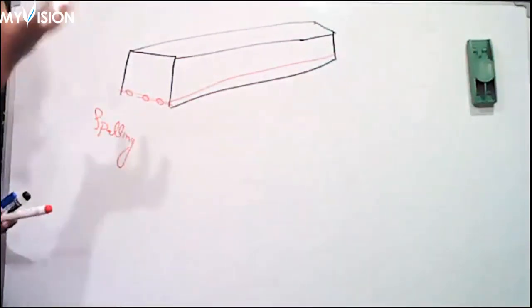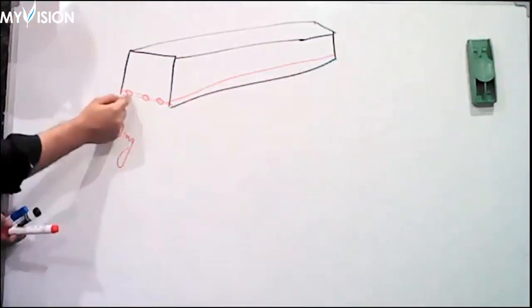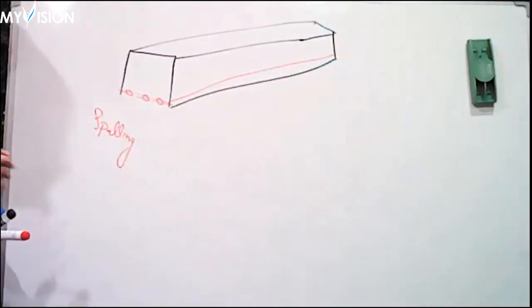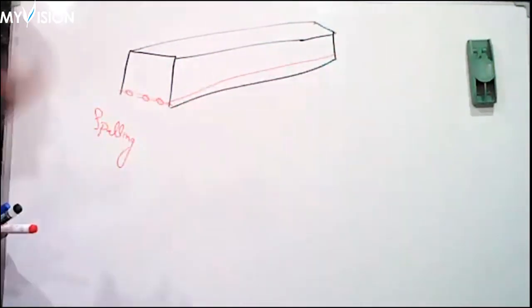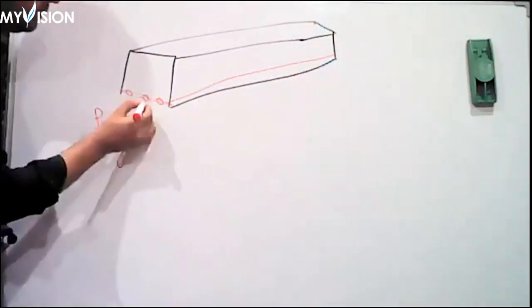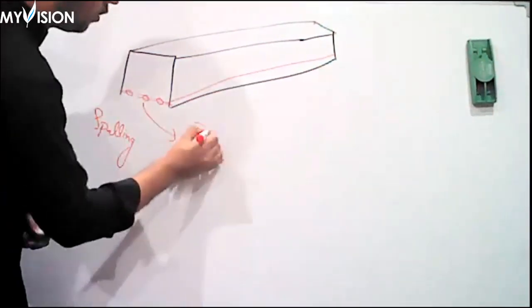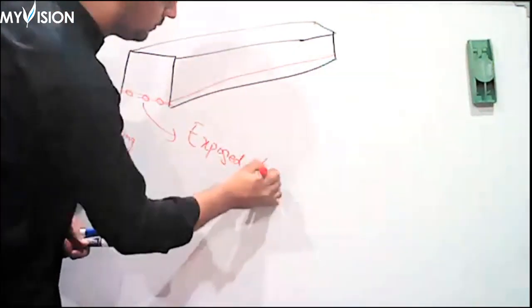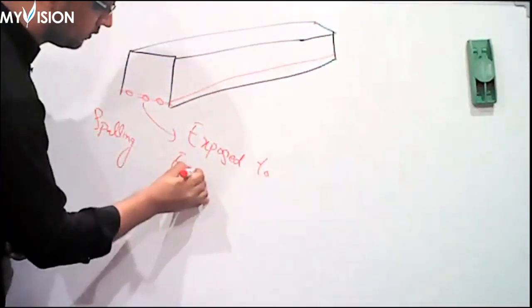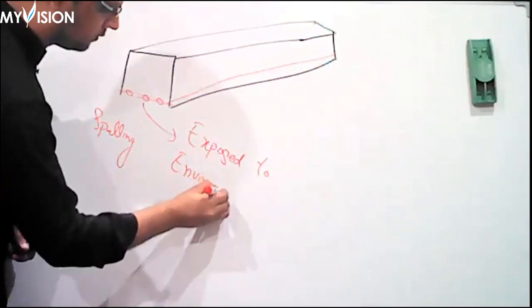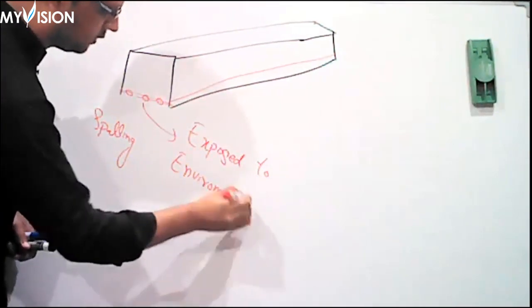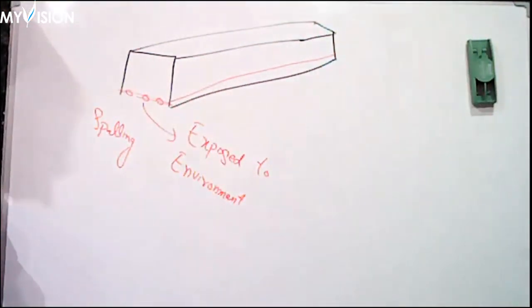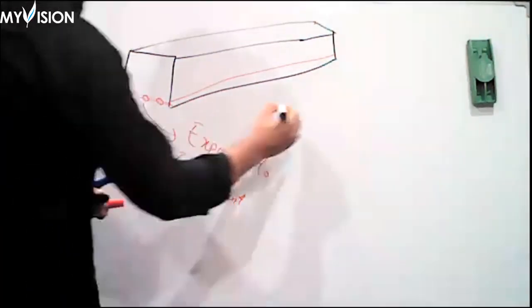From the bottom of the beam, you will be able to see these steels. It means these steels are exposed to the environment. If these steels are exposed to the environment, then what will happen?